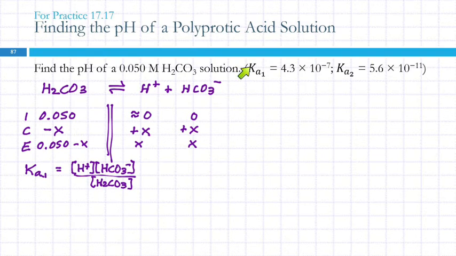And we know what Ka1 is, so we're going to put that in over here. So Ka1, 4.3 times 10 to the minus 7. And that's going to equal the hydrogen ion concentration, X, times the hydrogen carbonate ion concentration, which is also X, times X, divided by the H2CO3, 0.050 minus X.